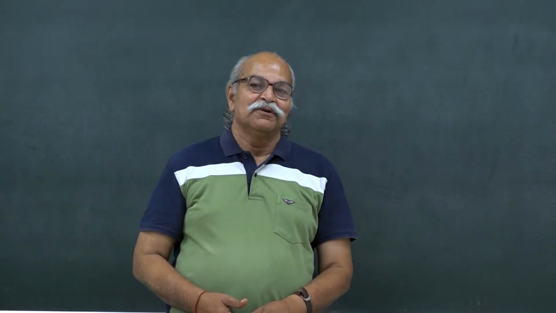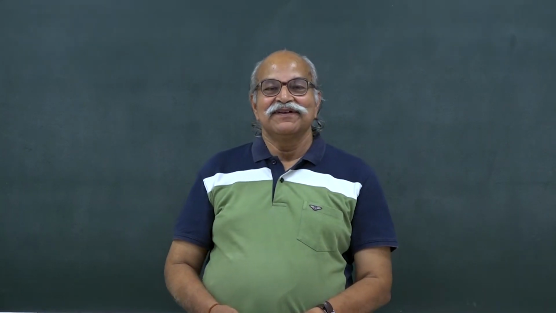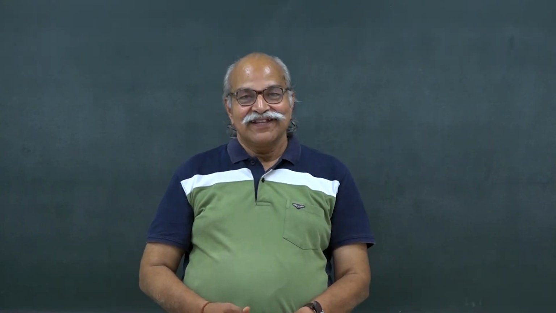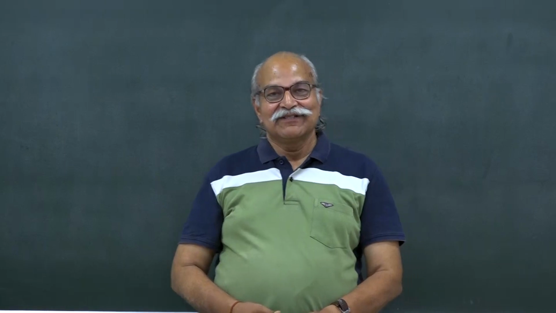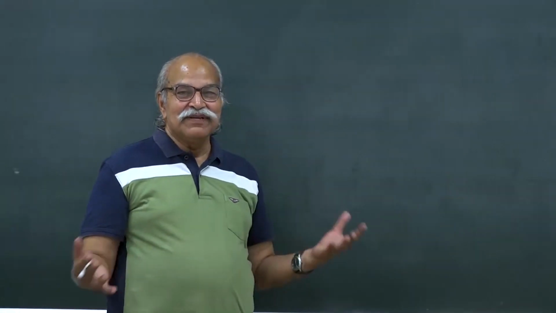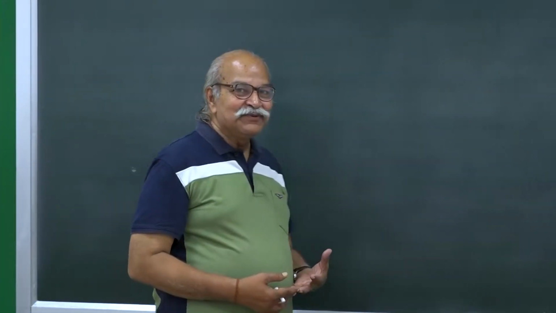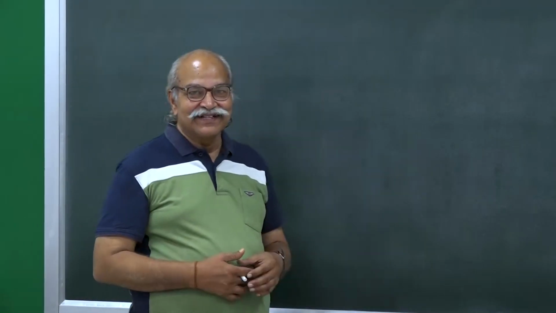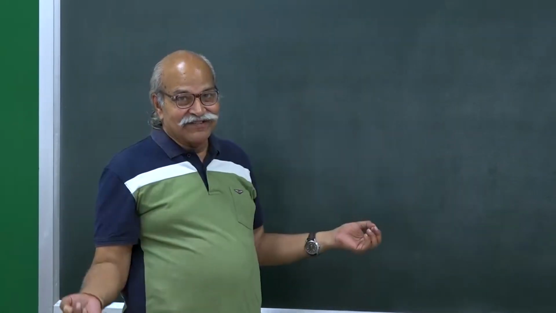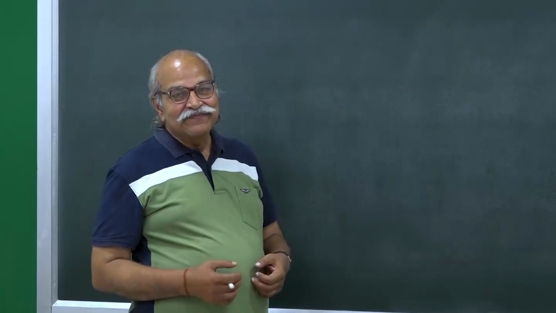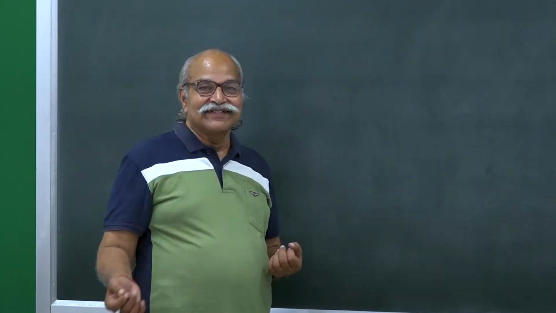So, we talked of volume currents and surface currents, and now it is the turn of linear currents. That is the most familiar current that we use in usual circuits, because there are wires through which the current goes and those wires define a line.